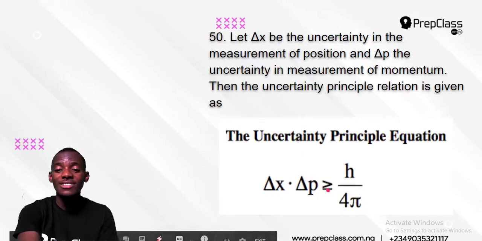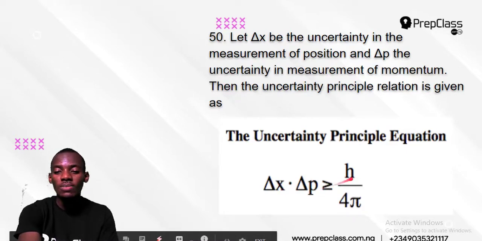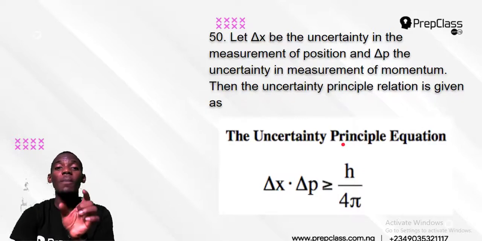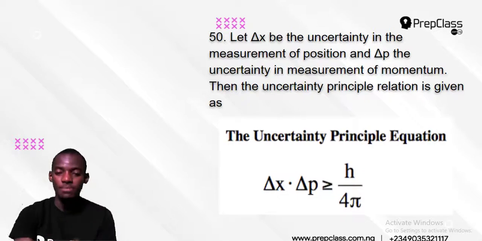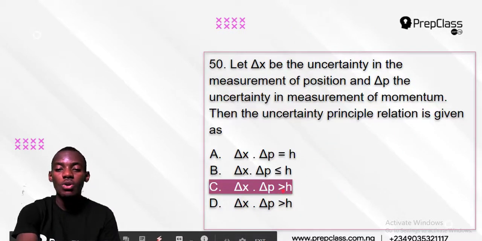And therefore, the answer is just this one: Δx times Δp is greater than or equal to what? h, the Planck constant, over 4π, and this is the Heisenberg formula. But the principle is what I said, that the position and the momentum of an object cannot be precisely measured, and that is Heisenberg's uncertainty principle, and that is the answer. So this is greater than, and that makes this one the correct answer to that question.